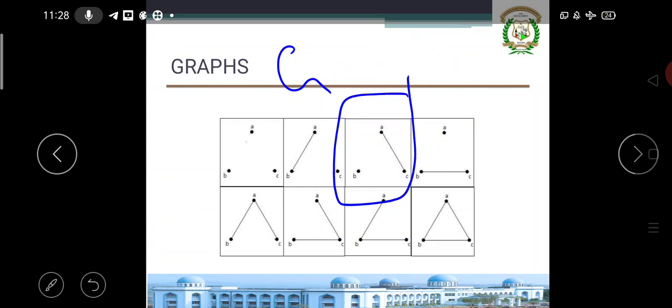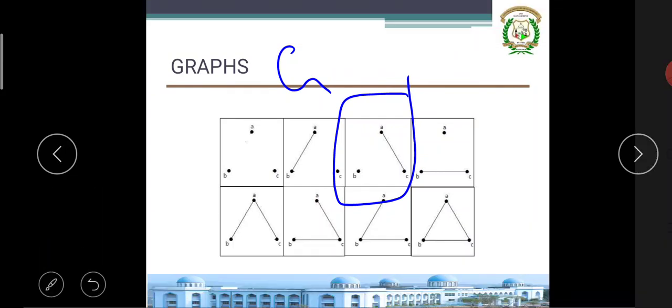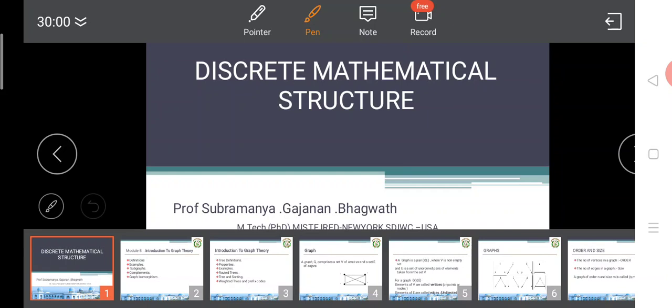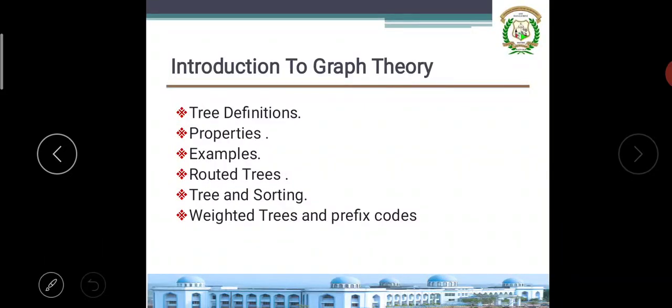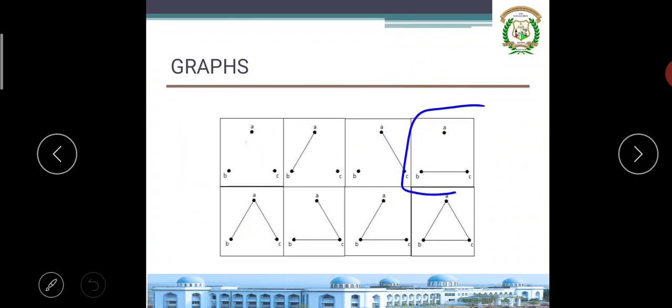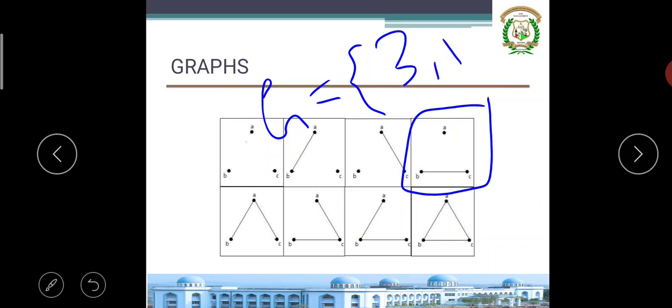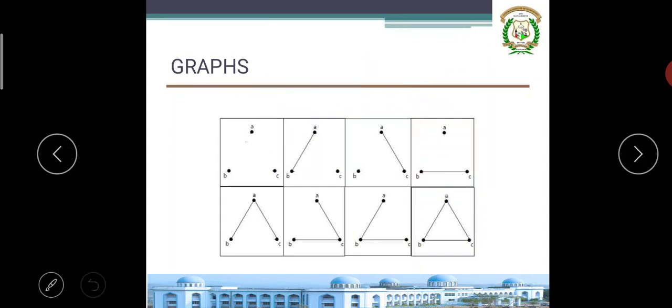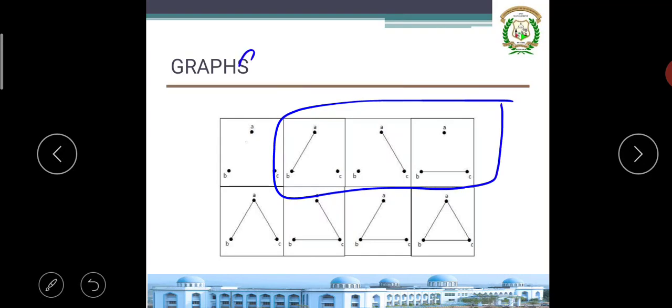If you observe the fourth graph carefully, it is the same thing: G of 3 vertices and 1 edge. Please observe carefully that all these three graphs have 3 vertices and 1 edge, but are arranged in different forms.